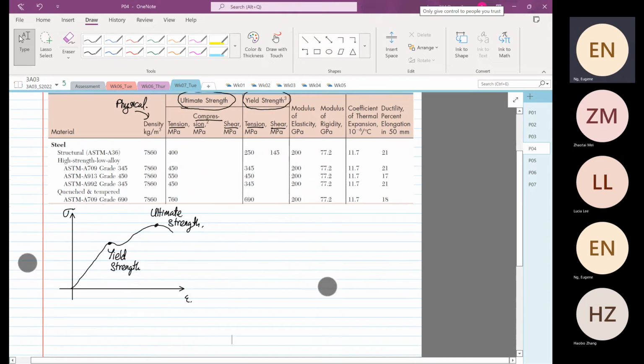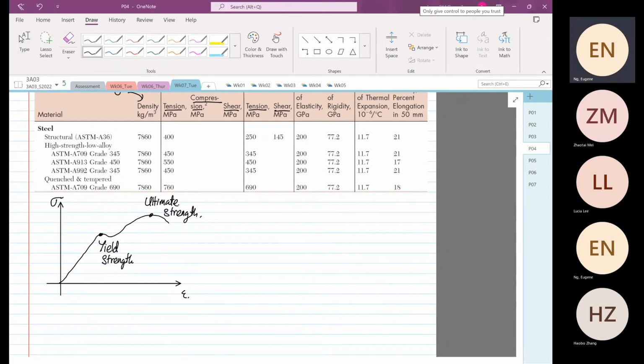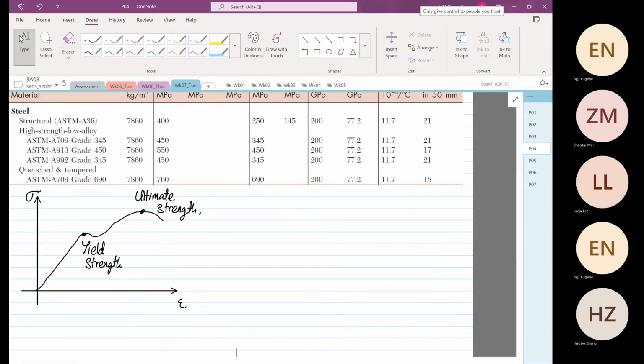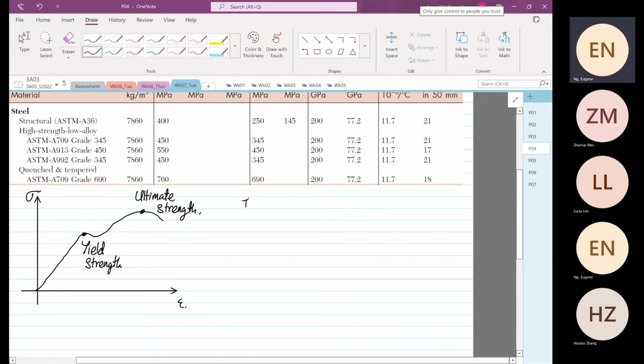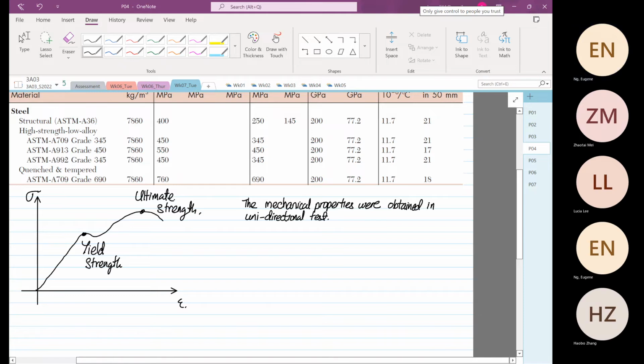What you will see is that the properties, the mechanical properties, were obtained in uniaxial or unidirectional tests. Okay. What do I mean?